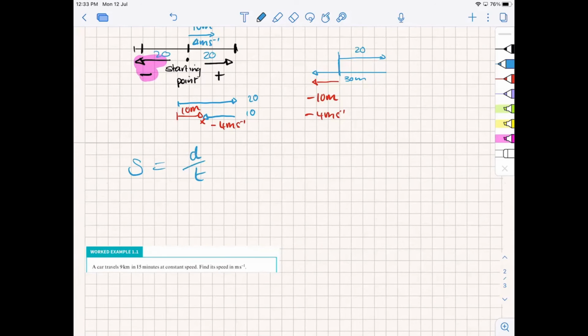What is the symbol for displacement? You physics people, what is the symbol for displacement? It sucks because it's very similar to something else that you've learned. It's S for displacement. Well, velocity is displacement over time.